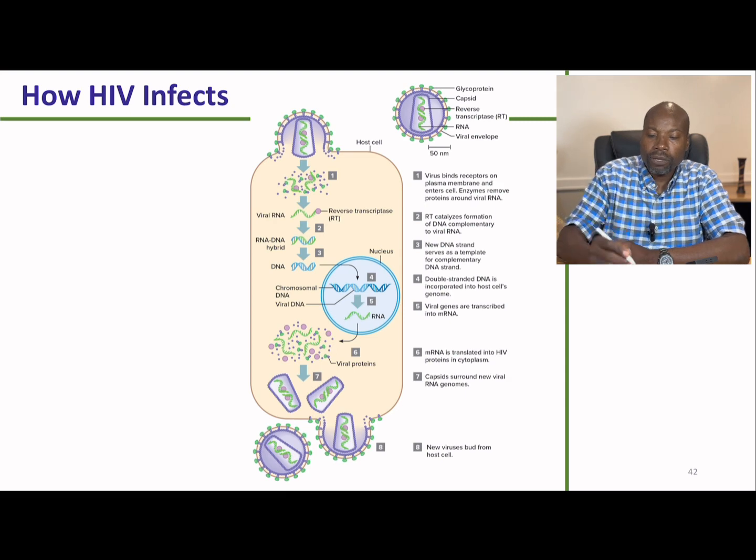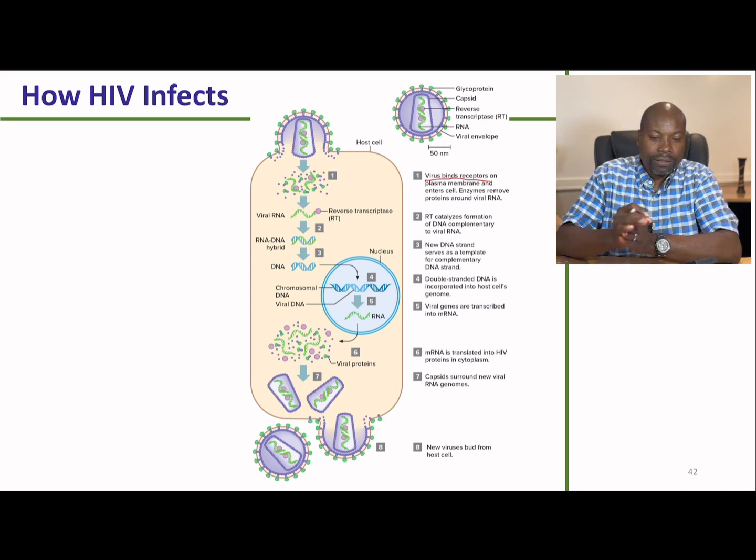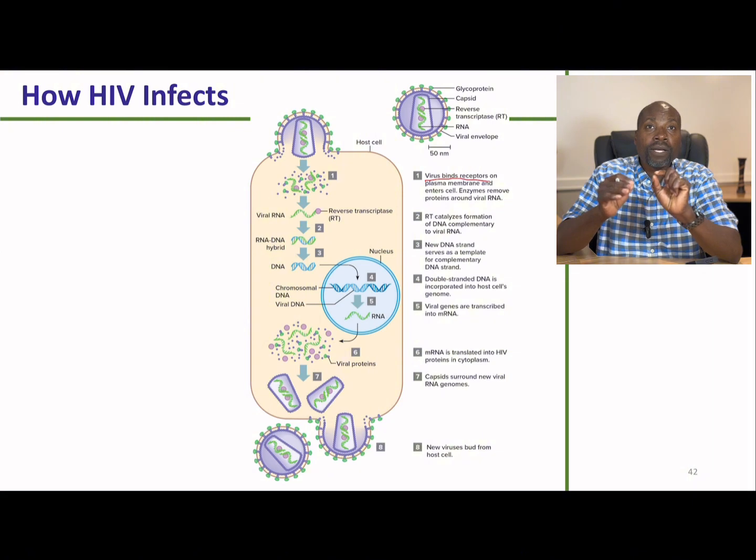First and foremost, the virus is going to bind on our cells, right? GP120, which is a protein that is part of the envelope of the HIV virus, is going to attach to our receptor, specifically the CD4 and CCR5 co-receptors.